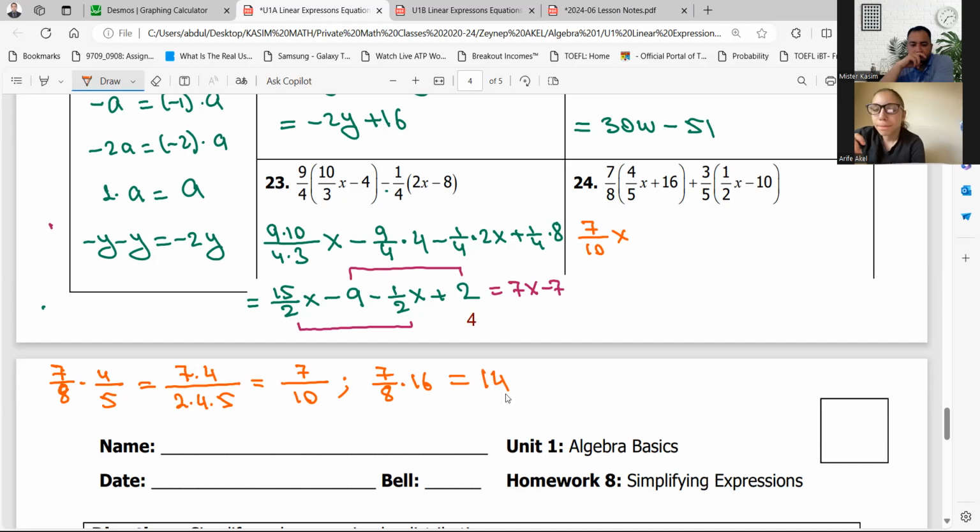Simply, you're just writing 7 times 16, it is 2 times 8, so at the bottom we have 8, 8 cancels, that's equal to 14. So here we have plus 14. And now 3 over 5 times 1 over 2, we cannot simplify because 3, 5 and 2 don't have any common factor except 1. 3 times 1 is 3. 5 times 2 is 10. So here we have x.